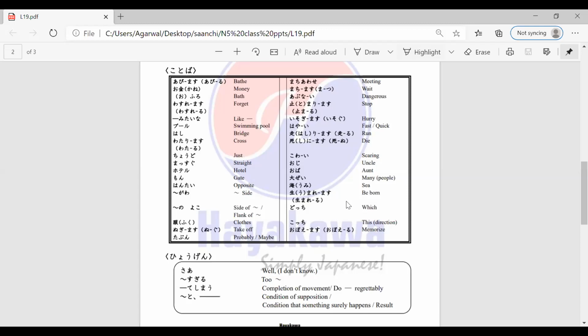So the next verb is umaremasu or umareru, which means to be born. The next word is dochira, which means which. The next word is kochira, which means this. The next word is oboemasu or oboeru, which means to memorize. Okay, any doubts regarding the kotoba?